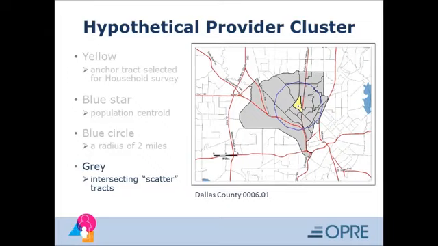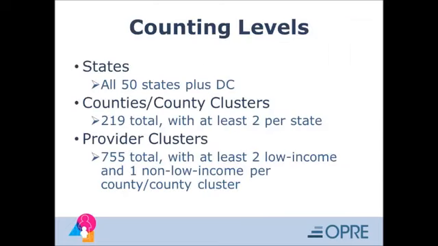And so the entire sample is made up of these provider clusters throughout the country. Altogether, we have 50 states plus DC. There was a second layer of sampling of counties and county clusters.